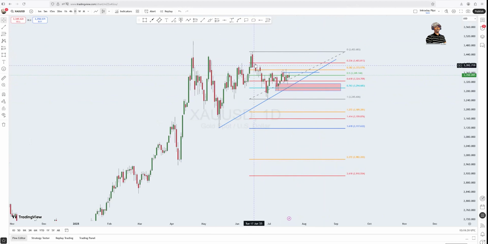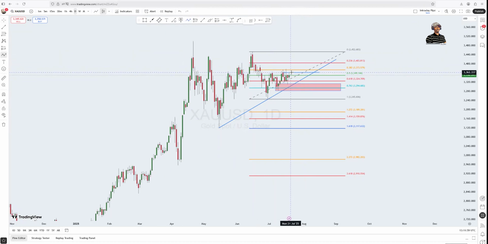And if you look at it critically, you can see that there is an imbalance right at this area on the daily time frame. So we are expecting price to push into that imbalance, then continue downward. So basically on gold, I'm looking forward for buys towards the 3403 price level. So let's just go ahead and identify that roadmap.